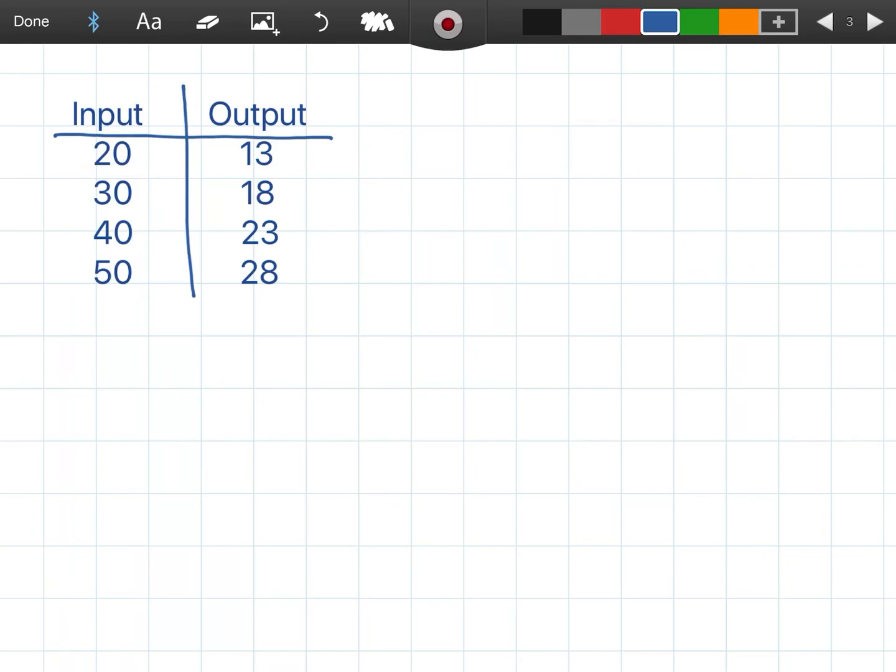As we can see by these numbers, 20 is the first number and it comes out as 13. That tells me right now that we're looking at some kind of shrinking operation being performed.